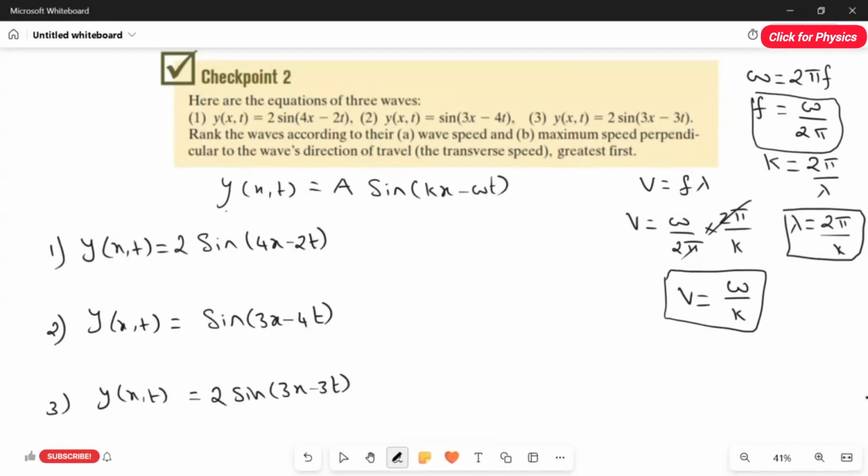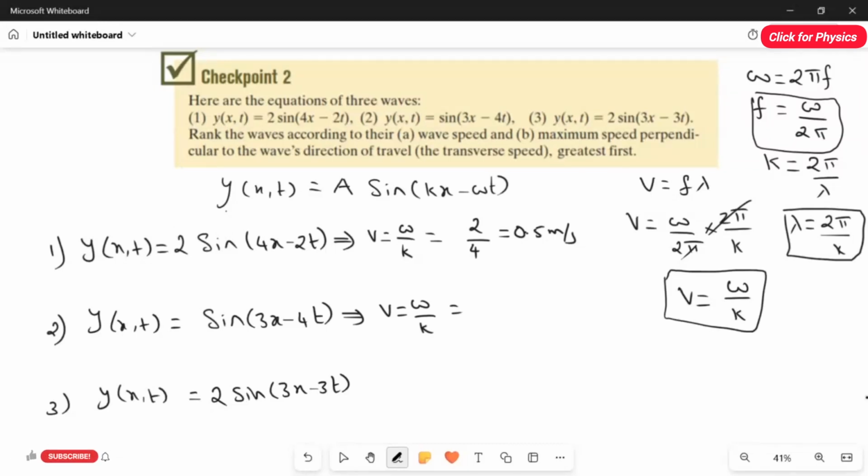When you apply it here, v equals omega over k, where omega is 2, right? So 2 divided by 4, that means 2 over 4, which is 0.5 meter per second. Then let's see the wave speed for the second equation. v equals omega over k.